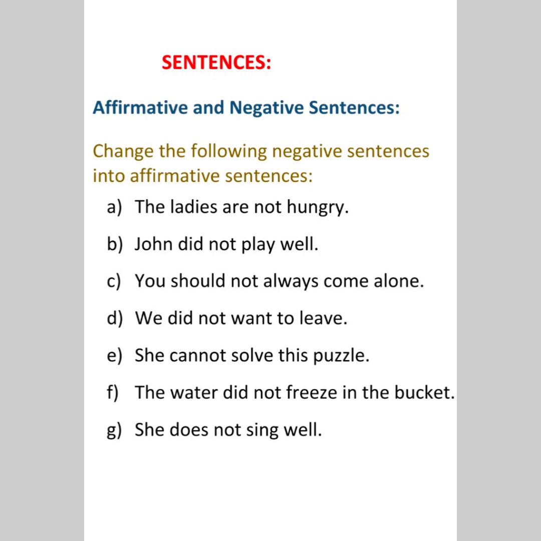We did not want to leave. We wanted to leave. She cannot solve this puzzle. She can solve this puzzle. The water did not freeze in the bucket. The water froze in the bucket. She does not sing well. She sings well.